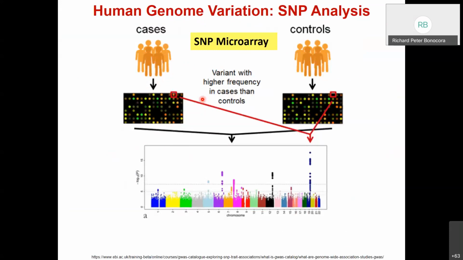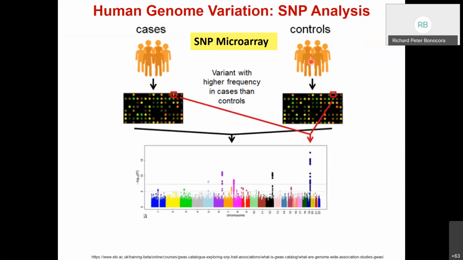This spot here is highlighted relating to this thing over here. The first step is you isolate the DNA from different individuals and put it onto these microarrays and see what SNPs occur. How often do certain SNPs occur in the cases versus the controls?